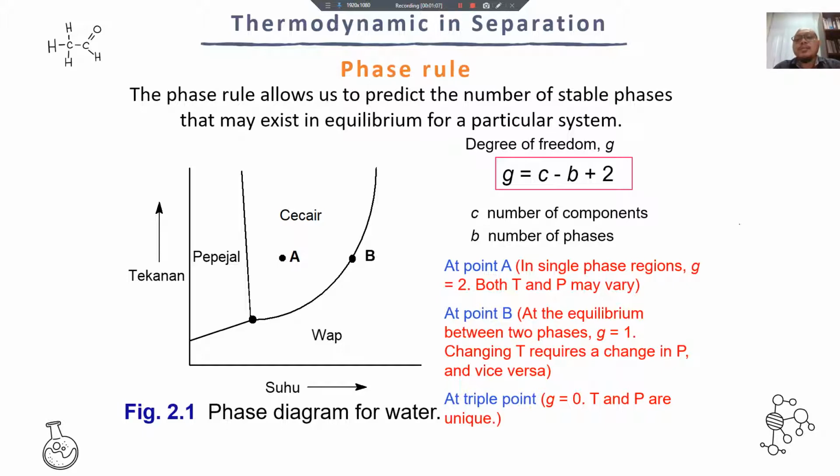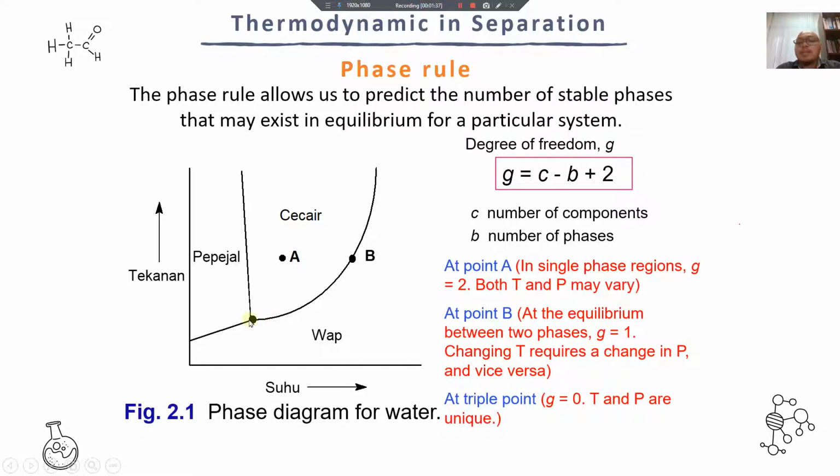If there are more variables that you can play around with, the phase is stable. For example, here you can play around with temperature and pressure a lot. So it means that in this phase you can play around with temperature and pressure within certain values, there is a limit. So it means that it's stable.